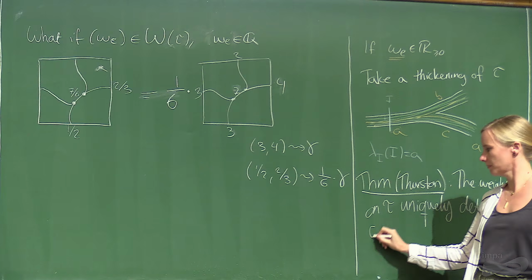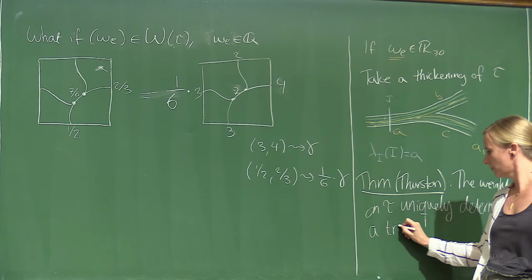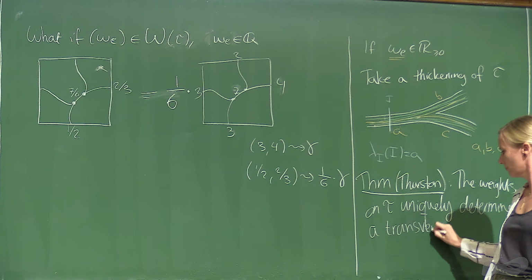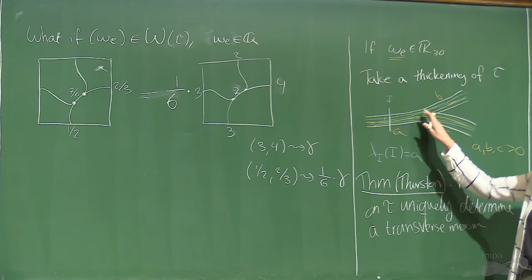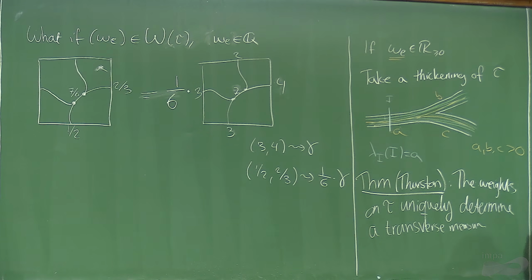Yes? The arcs in the train track, they're not geodesics, are they? These, the edges? Yeah, they're not geodesic. No. So how do you complete it? So yeah, what do you mean, complete the picture?